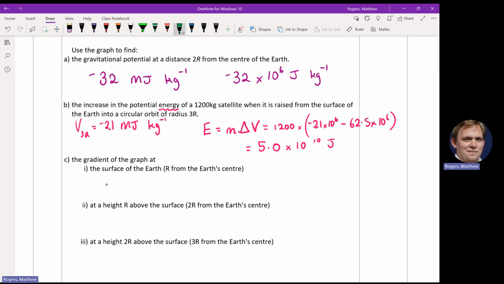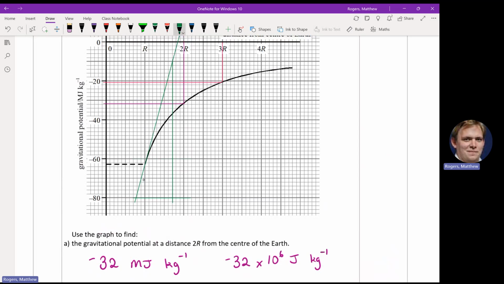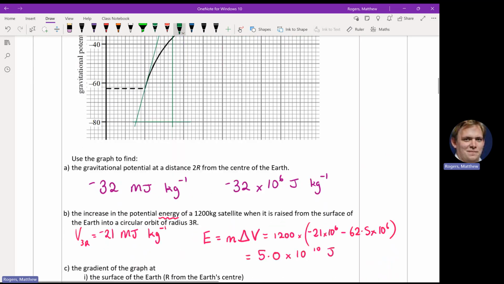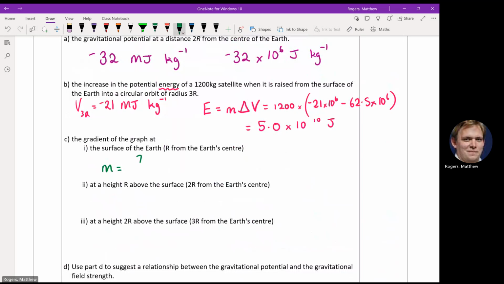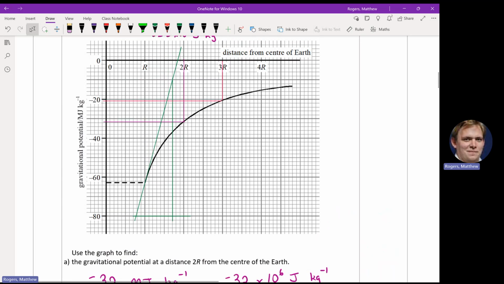So the gradient, I'm going to call it M. So the change in y, from top to bottom, so it's going to have a positive gradient, I can see already, so I won't worry too much about signs. We've got a difference of 70 times 10 to the 6 on the y-axis, and on the x-axis that's looking across this way. This is at a point of 1.7 r.